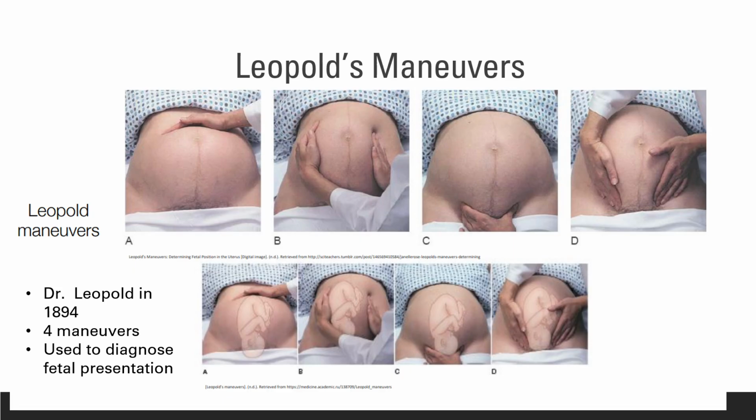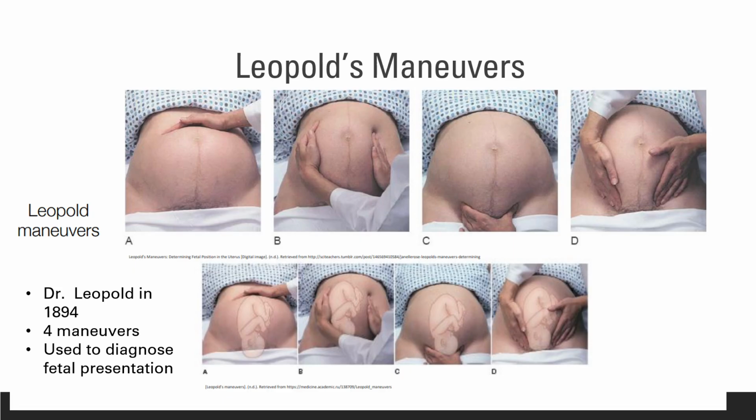As you can see here in the picture, A, B, C, and D, you want to start at the top of the fundus, and then the second maneuver is the side-to-side of the quadrants of the uterus, and then the bottom part, which is above the pubic symphysis, is where you can palpate the baby's head potentially if the baby is there.